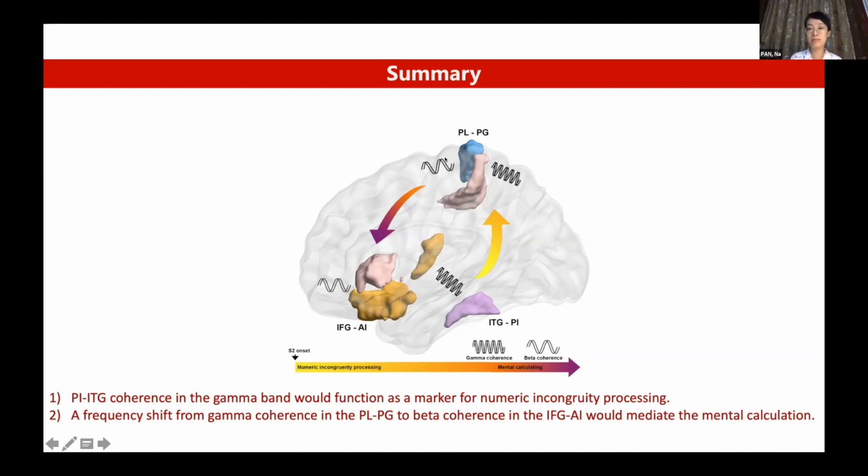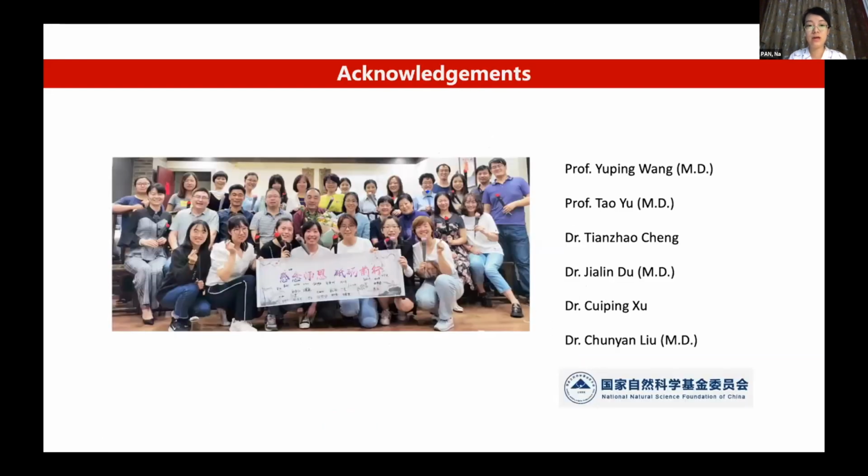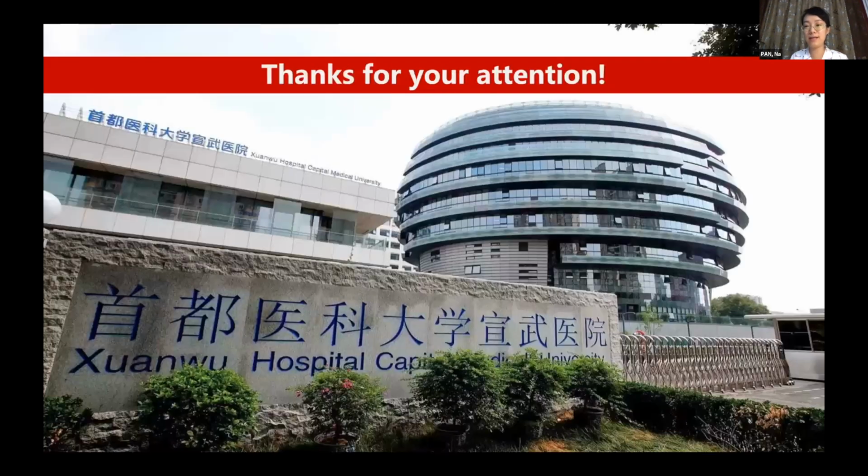Then the beta coherence in the inferior frontal gyrus and anterior insular might indicate a later processing, including decision making. So that is our group's work, and thanks for your attention. Any suggestions and advice are very welcome.